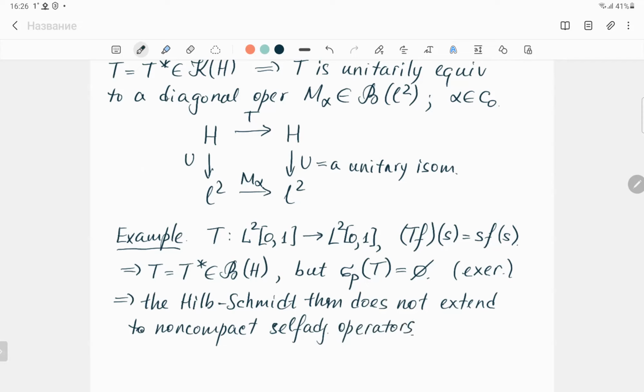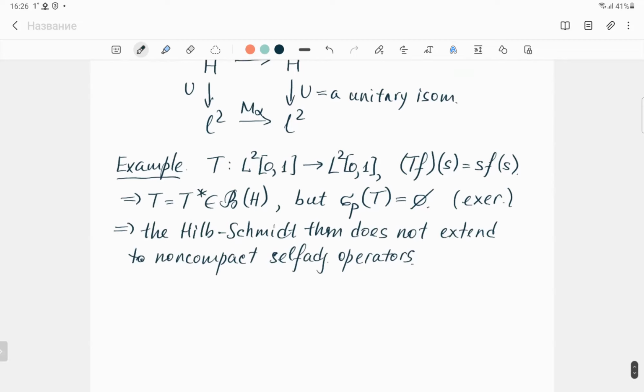Fortunately, there is a suitable modification of the Hilbert-Schmidt theorem, which has a natural analog for arbitrary self-adjoint operators, not necessarily compact. And the respective structure theorem for arbitrary bounded self-adjoint operators on the Hilbert space is the so-called spectral theorem. This is one of the most famous and fundamental results of classical functional analysis.